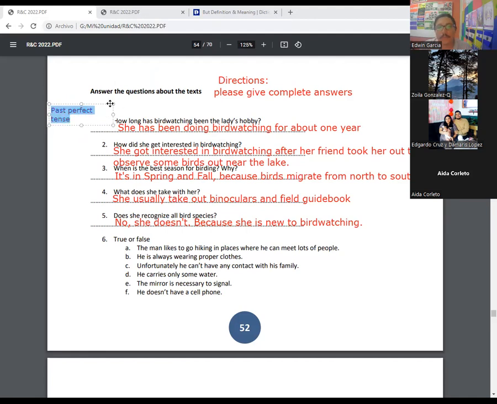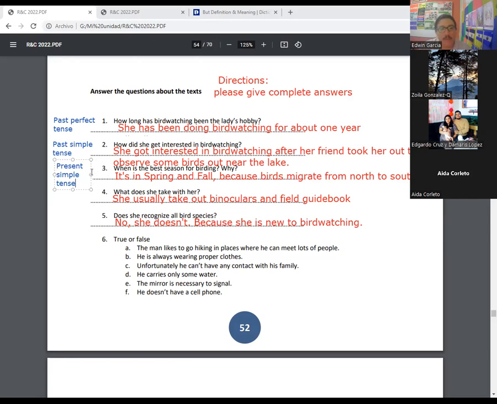Simple past. Okay, past simple tense, very nice. What about number 3? Is present. Present simple. Okay, very nice. This is for number 3.